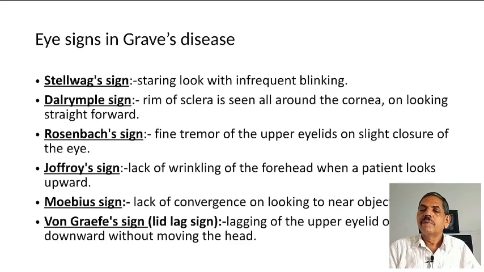Then the Rosenbach sign, fine tremor of the upper eyelid on slight closure of eyes. Joffroy sign, lack of wrinkling of the forehead when the patient looks upward. The Mobius sign, lack of convergence on looking at a near object. Then von Graefe sign, that is the lid lag sign, lagging of the upper eyelid on looking downward without moving the head.